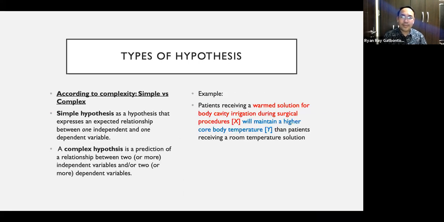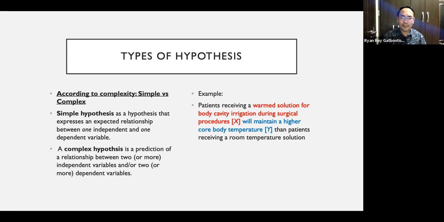Now, there are several types of hypotheses, and hypotheses are classified according to different forms. The first type that we will discuss is the hypothesis classified according to complexity.